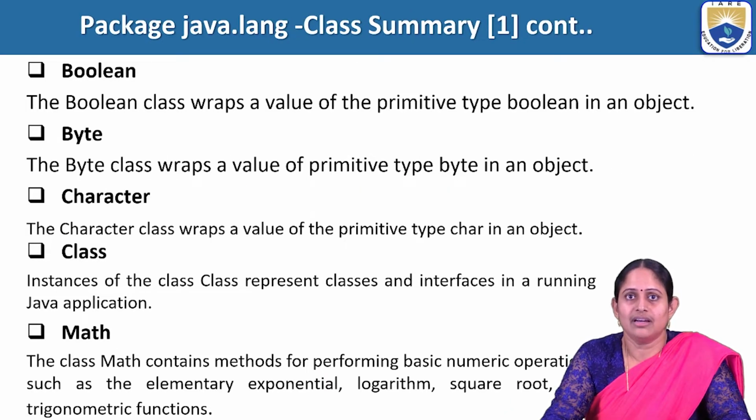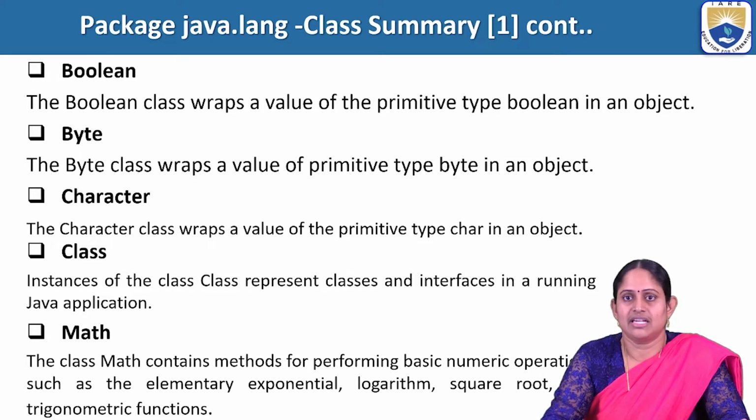The Boolean wrapper class wraps the value of the primitive type boolean in an object. The Byte class wraps a value of primitive type byte in an object. The Character class wraps a primitive character value into an object. The Class class provides the instances that represent classes and interfaces in a running Java application.